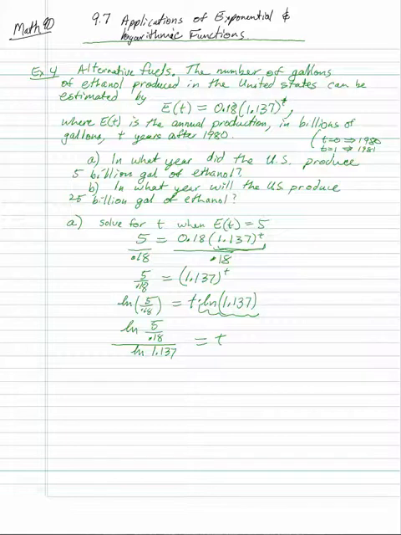Punch it into my calculator. T is about... Okay, so when we do this, I want to make sure I use parentheses. So it's ln, parentheses, 5 divided by 0.18, parentheses, equals 3.324.